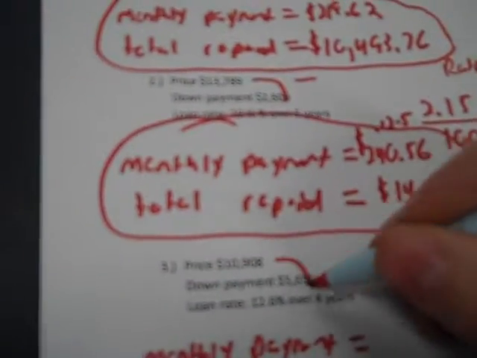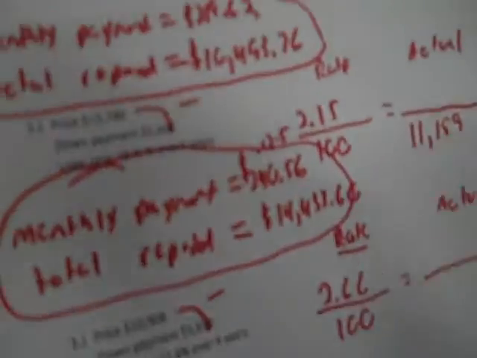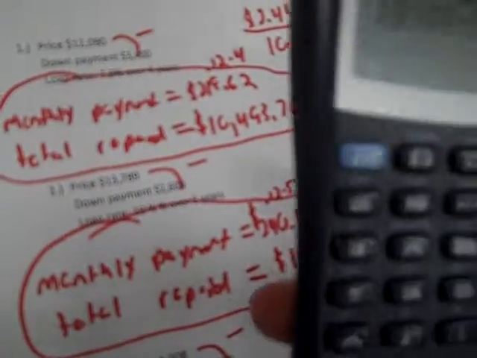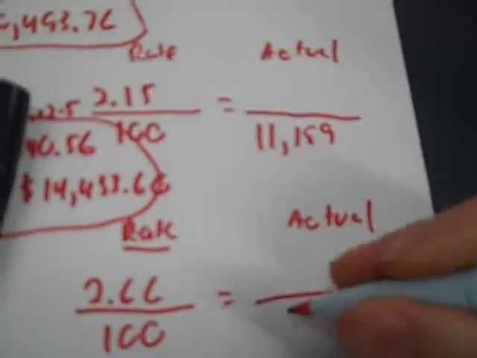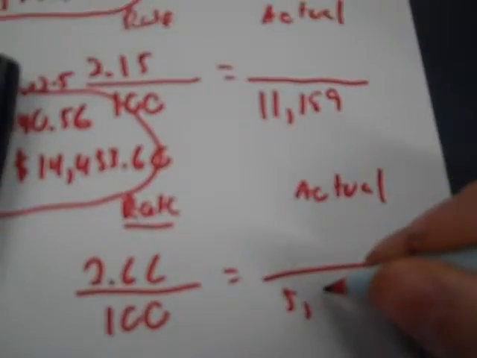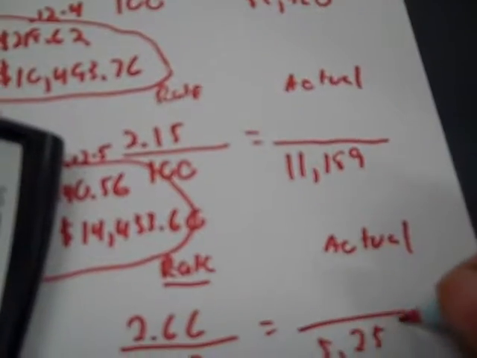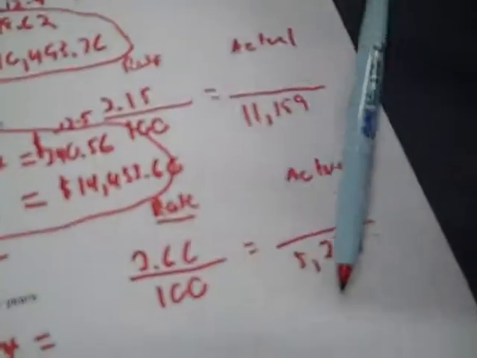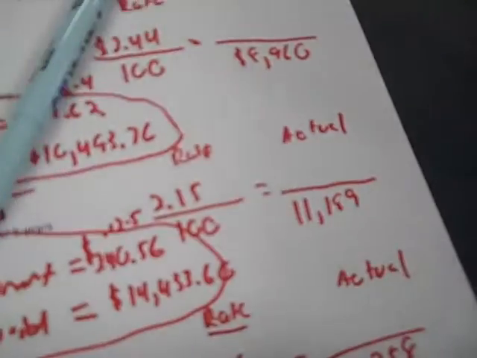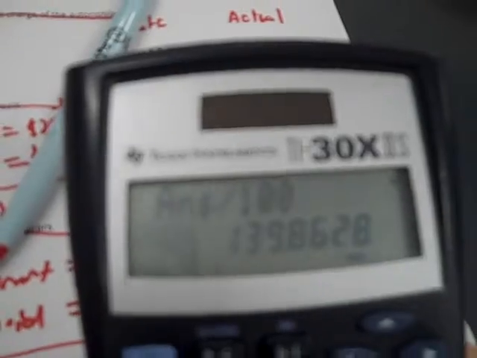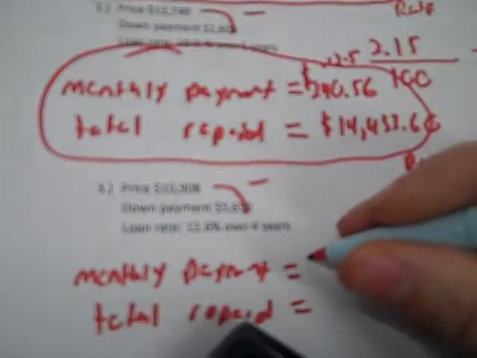And to find the actual amount, we need to minus those. So 10,908 minus 5,650, and that's $5,258. So we cross multiply and divide. So $139.86 is the monthly payment.